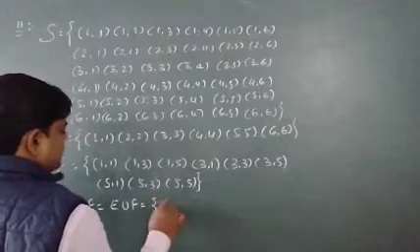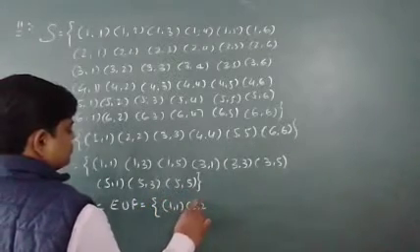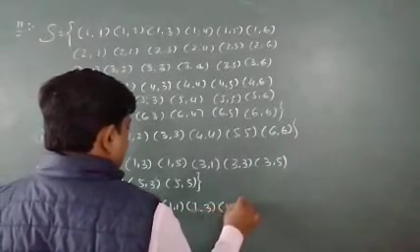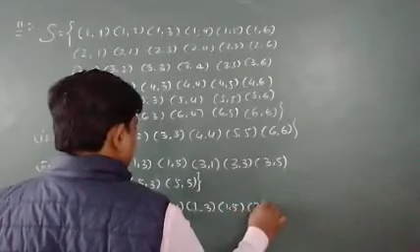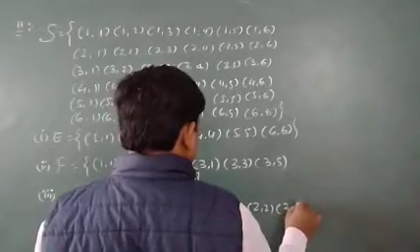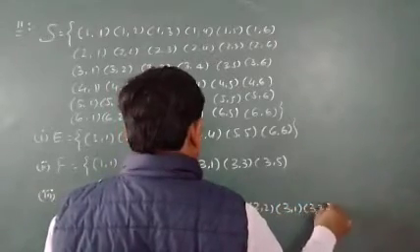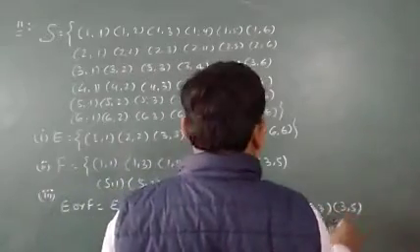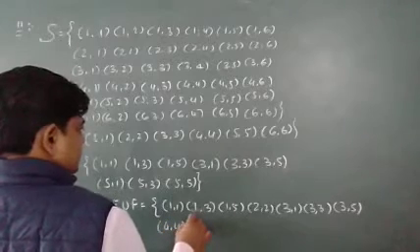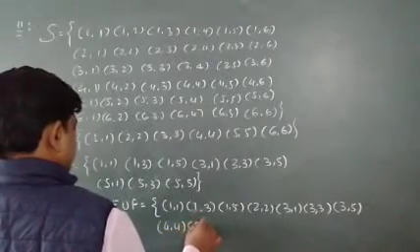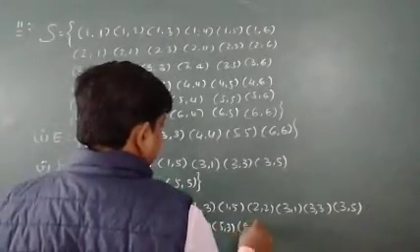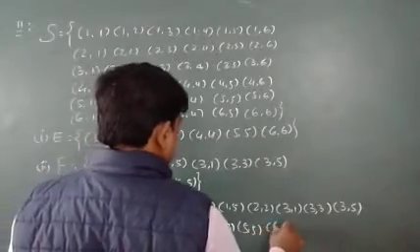It is, I think, (1,1), (1,2), (1,3), (1,5), then (2,2), and then after (3,1), (3,3), (3,5), then (4,4), and then (5,1), (5,3), (5,5) and (6,6).